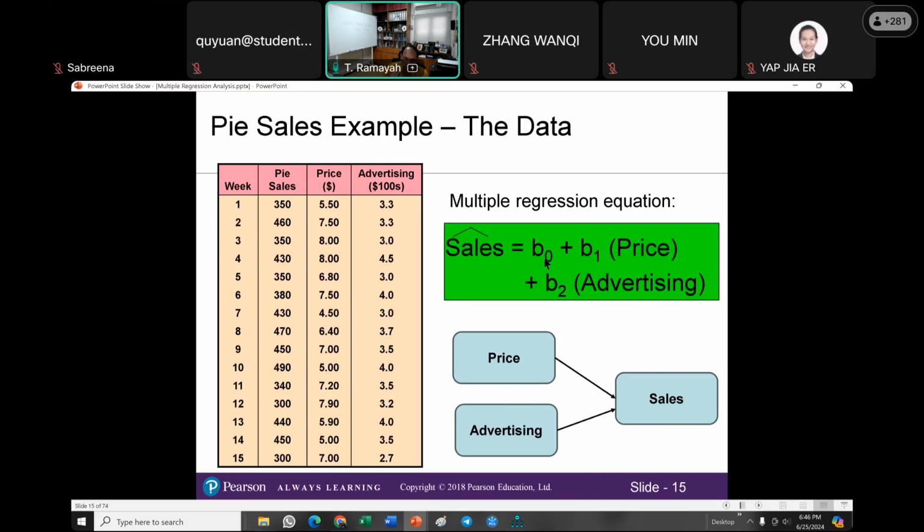So this beta 0 plus beta 1 x1 plus beta 2 x2 can also be represented by a research model which looks like this. This is graphical, this is equation. Okay, graphical and equation. So we have an independent variable called price. We have independent variable number 2 called advertising, and the dependent variable is the pie sales. So it is actually the same equation or the research model, the drawing.